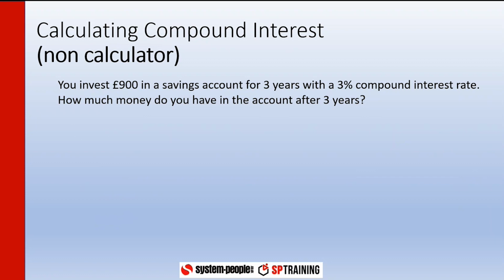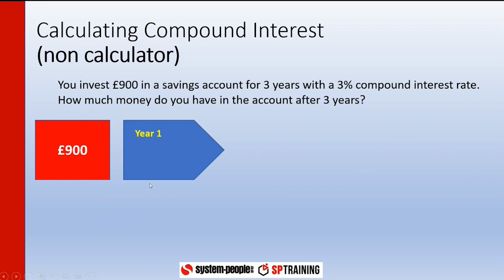Well, this is what we would do. We're starting with £900, and we're going to calculate in year 1. We'll start off by working out 1% of 900, and to do that without a calculator, of course, you divide the 900 by 100 and you get £9.